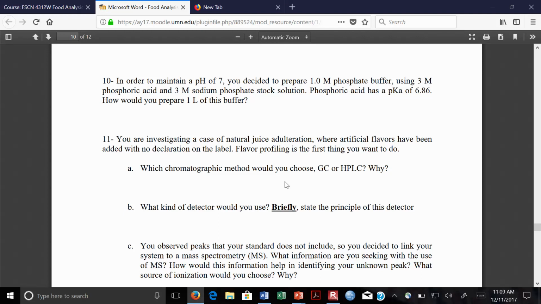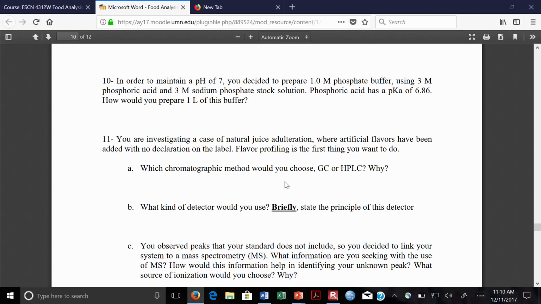And what's the final concentration? The final concentration that I want, 1 molar. So I want 1 molar, and I'm starting with 3 molar phosphoric acid and 3 molar sodium phosphate stock solution. So it's very easy. In this case, I will apply M1V1 equals M2V2 for each one of them.